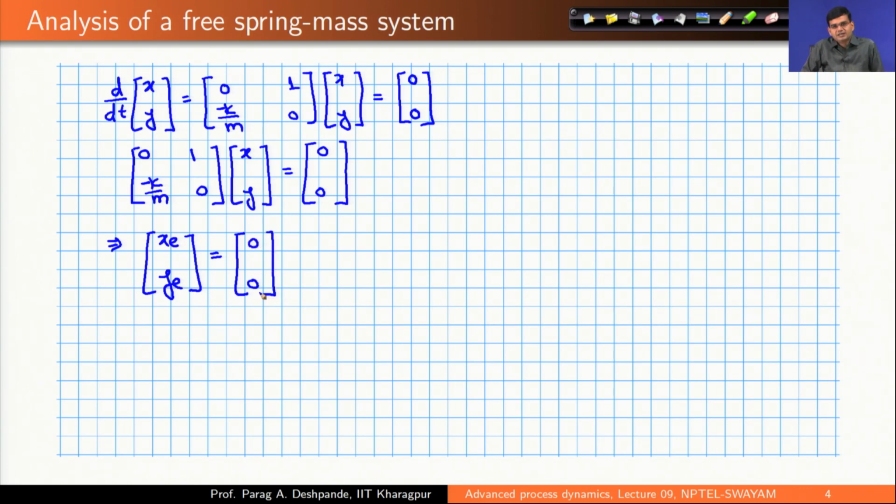And again, does it physically make any meaning? Yes, it does. What is the equilibrium position if you have a spring? I have a spring and I have a mass. Let us say this is the equilibrium position, x equilibrium. I give a positive displacement and the system has a tendency to come back here.